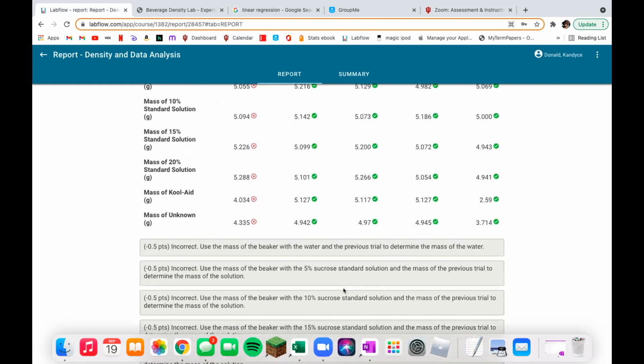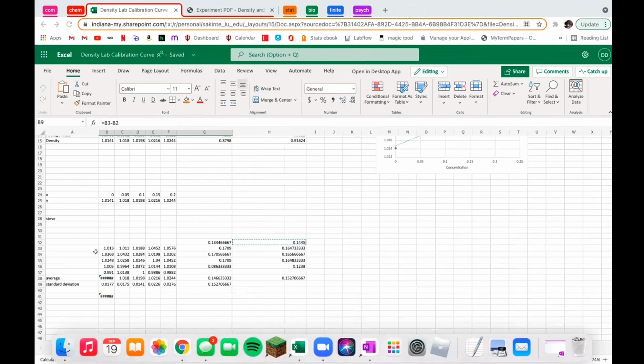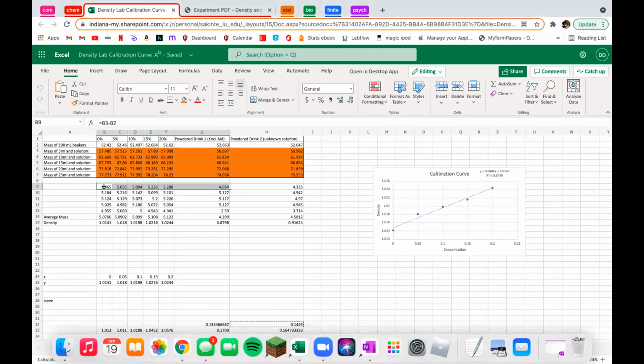The way that I got these numbers is from this row that's highlighted in gray. Go ahead and click on cell B9. What's the formula you're using for that? B3, B2, okay.